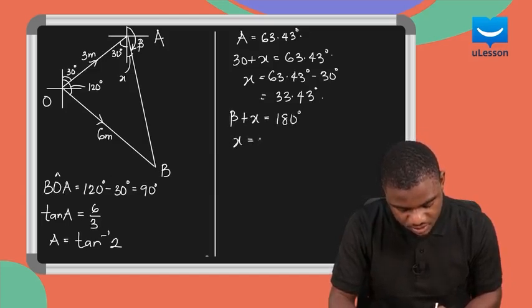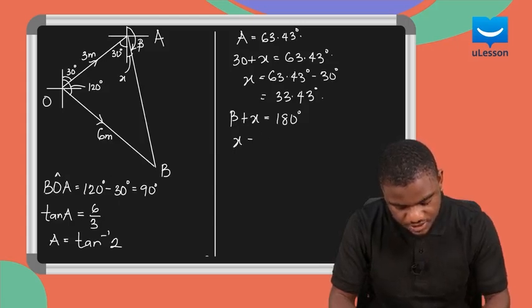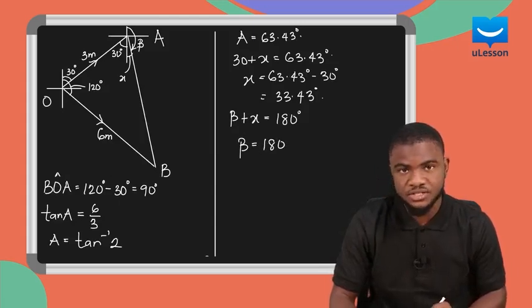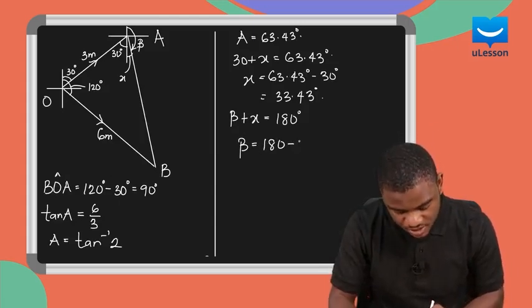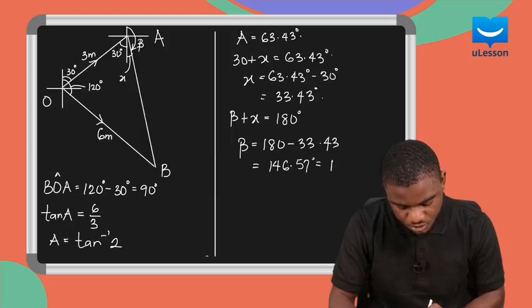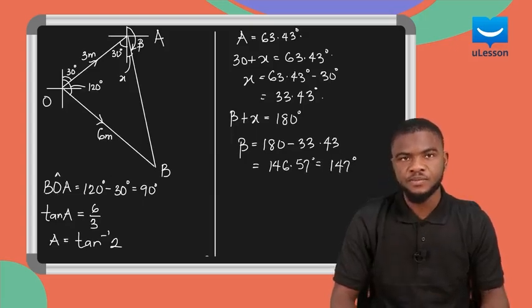Therefore, beta is equal to 180 degrees minus X. And since X is equal to 33.43, beta is equal to 180 minus 33.43 degrees, which is equal to 146.57 degrees, and that is equal to 147 degrees to the nearest degree.